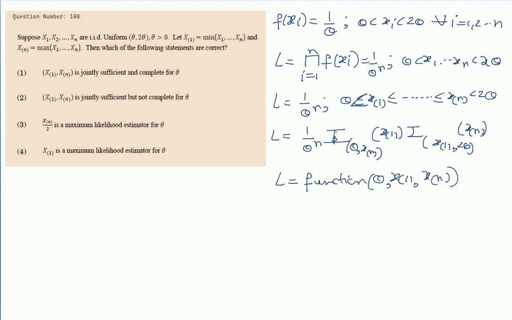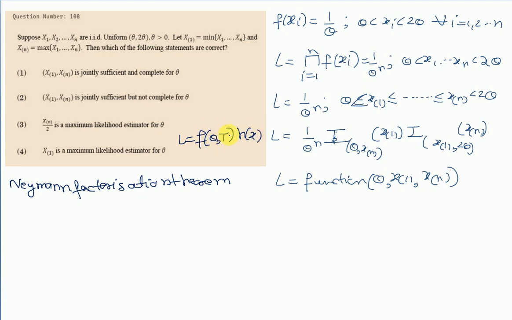And if we remember the Neyman factorization theorem, it says that if your likelihood function can be partitioned as likelihood function equals f of theta and some statistic t, and h of x, then this t is a sufficient statistic for theta.